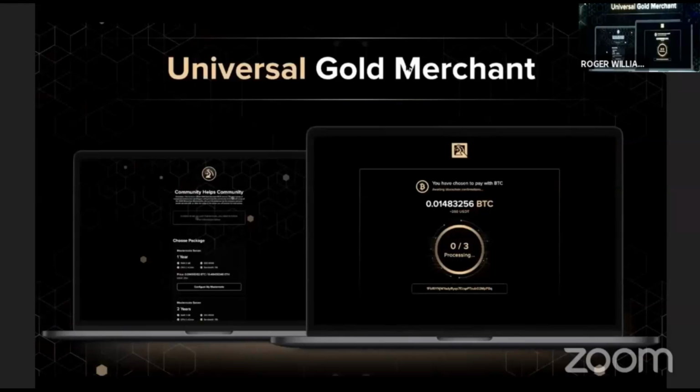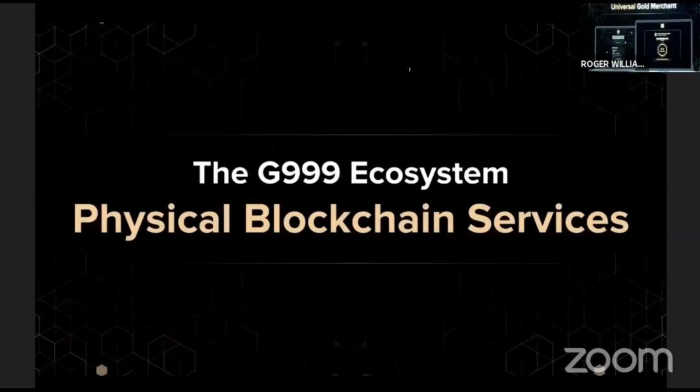They will just install the app, and with that app they are going to be able to instantly accept payments from third parties, while the buyers are going to use our cards in order to pay using the Gold Merchant, so they are not going to be obliged in the future to jump from fiat to crypto, from crypto to fiat in order to take instant advantage of their assets. The Universal Gold Merchant launch date is also going to be announced soon by the company, so stay tuned.